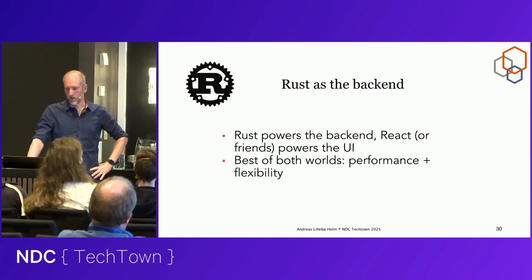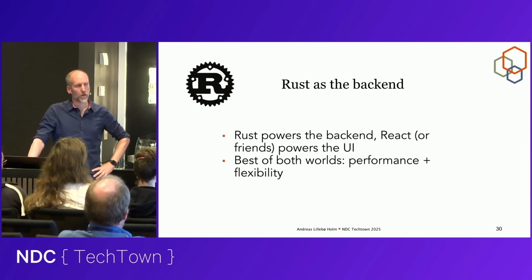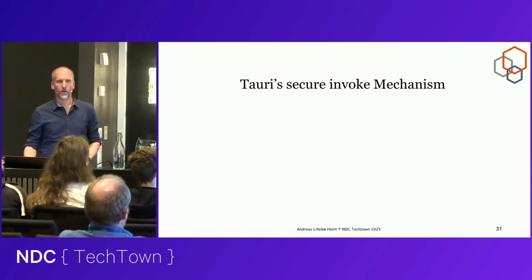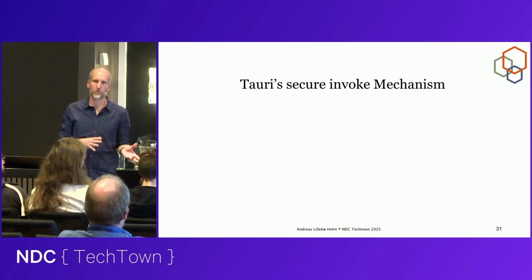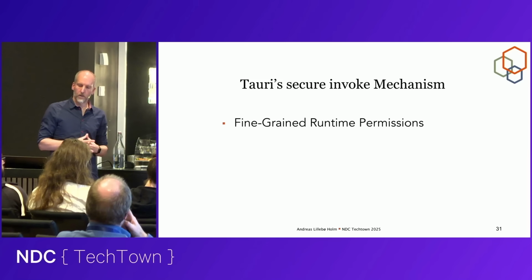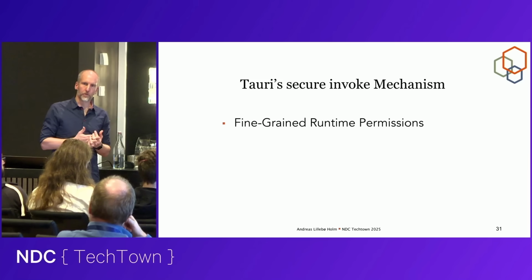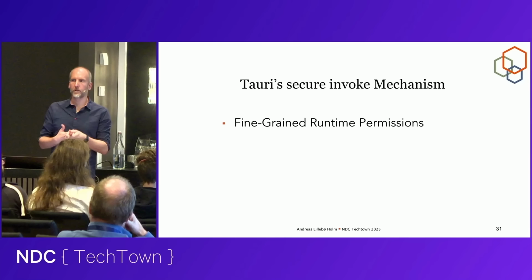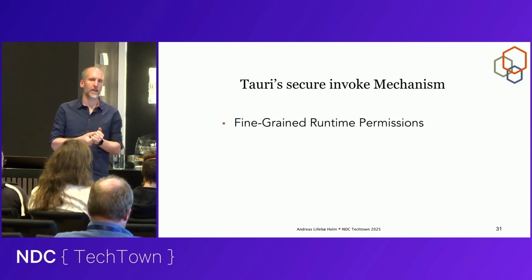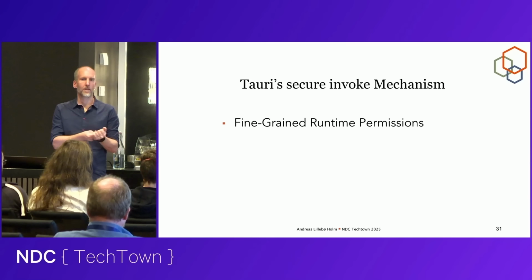So I talked a bit about the security issues in Electron. What has Tauri done to prevent the same vulnerability? Tauri had this as a target when they made this framework, basically. One thing is that you can expose things in more detail than you could in Electron. In Electron, you could, for instance, say, okay, I want file system access.